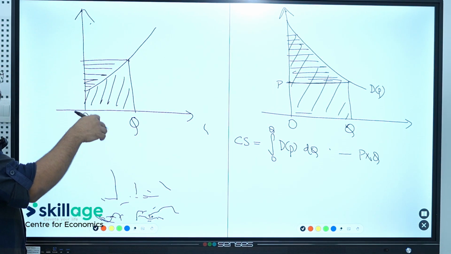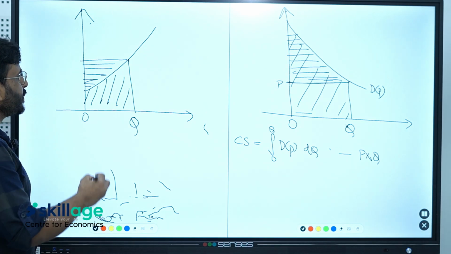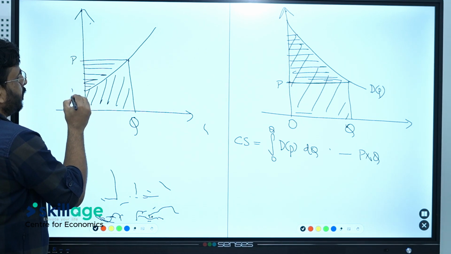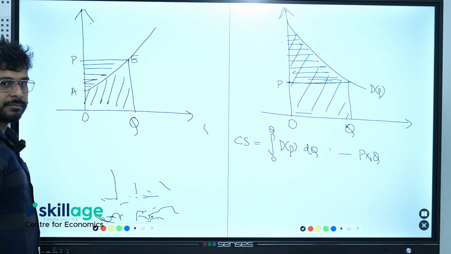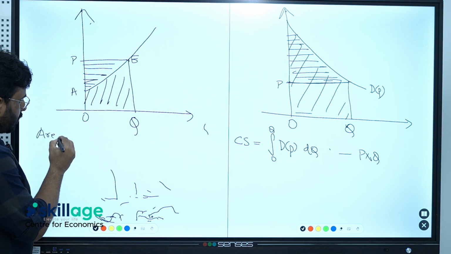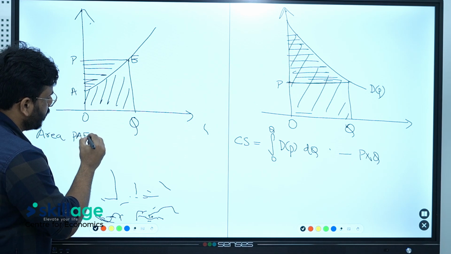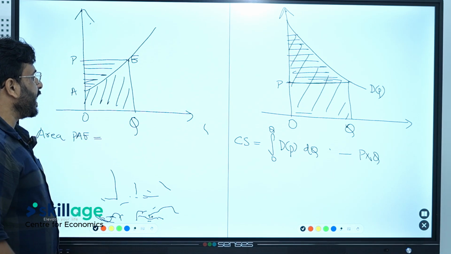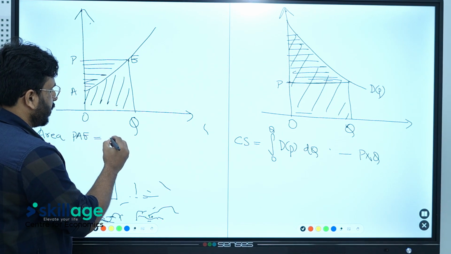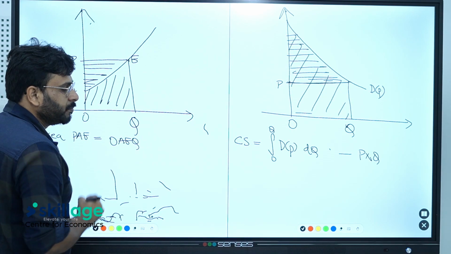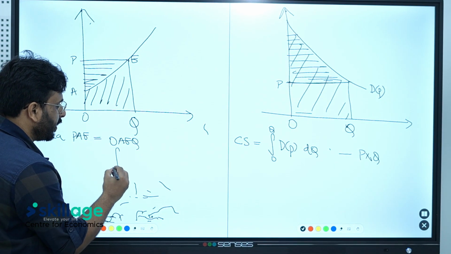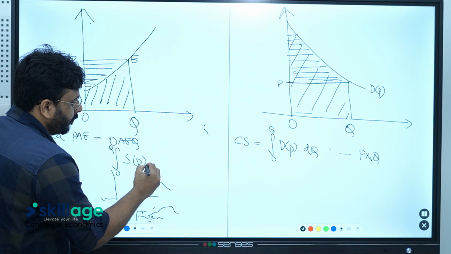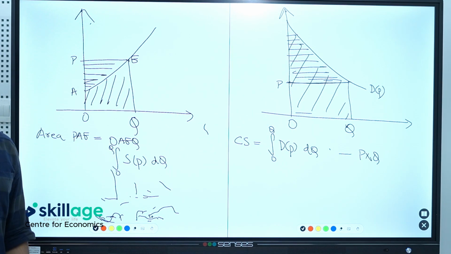But now it will be a different case when it comes to producer surplus. Now producer surplus is this area. Right? Let's say this is, okay, area PAE is what your producer surplus is, and by integration you can find out the area OAEQ, right, which is nothing but your definite integration which goes from 0 to q, which is the supply function with respect to your quantity, right?